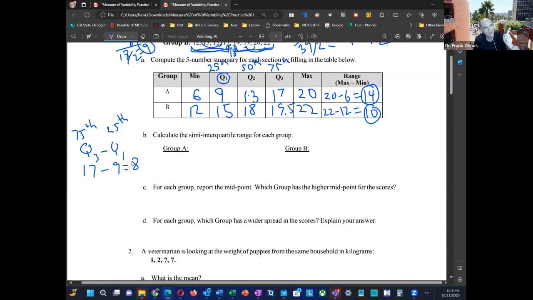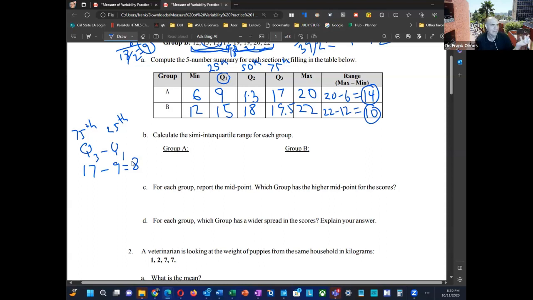There's one more step: the assignment is asking for the semi-interquartile range. Essentially, it's the average of the two sections, the one between the 50th and 75th percentile and the one between the 25th and 50th percentile.